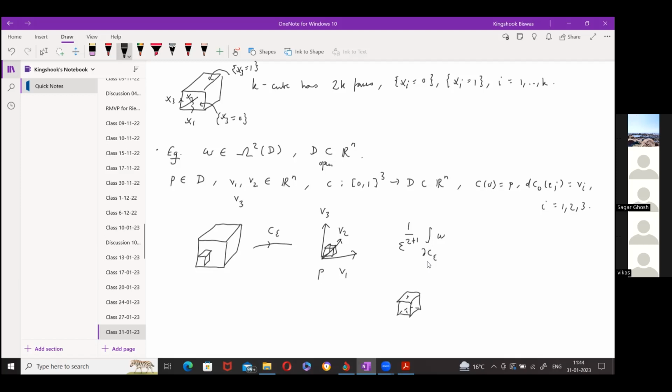You divide by epsilon to the 2 plus 1, and this converges to, if omega is equal to the sum over i less than j of a ij dxi wedge dxj, the form sum over ij of d of aij wedge dxi wedge dxj at p applied to v1, v2, v3.